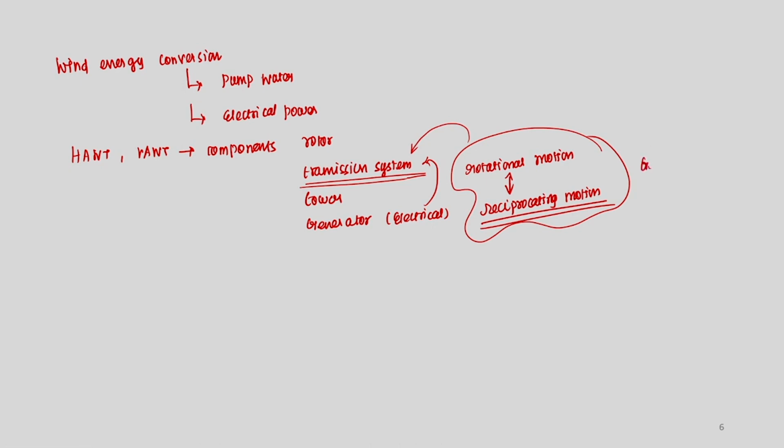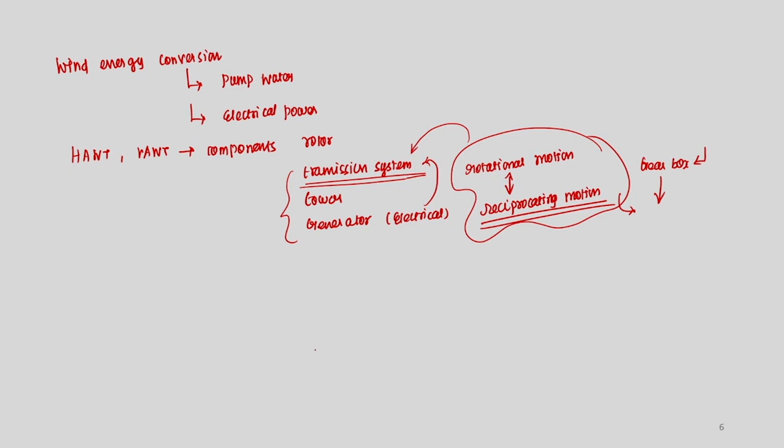One is like a gearbox. So, in an electrical conversion system, you might have to increase the speed. So, for that a gearbox can be used, but if you are pumping the water, then this gearbox can be used for some other purpose. So, like this, based on your end purpose, there would be components in the transmission system in horizontal axis wind turbine or vertical axis wind turbine. So, you might have the required components based on your end use.